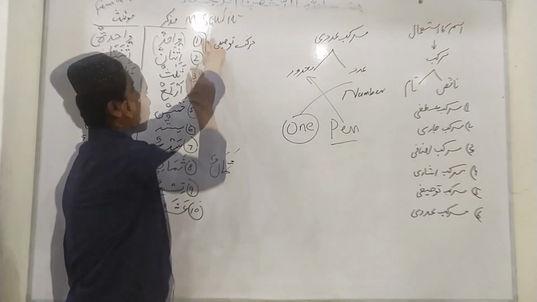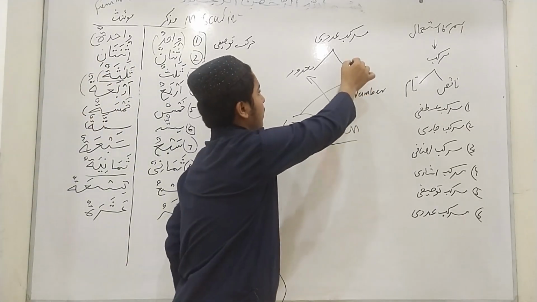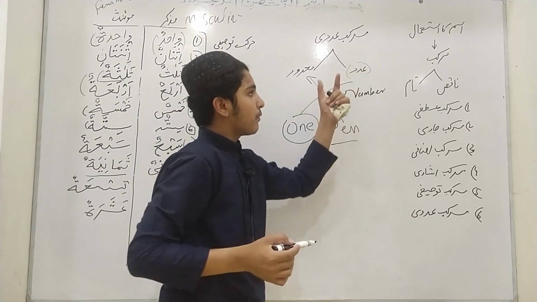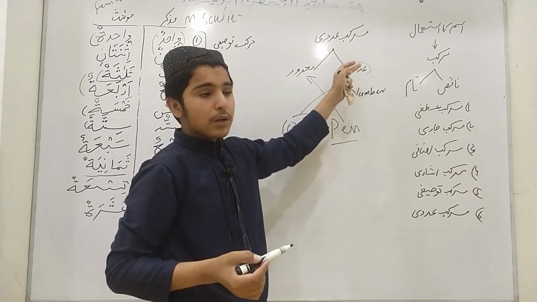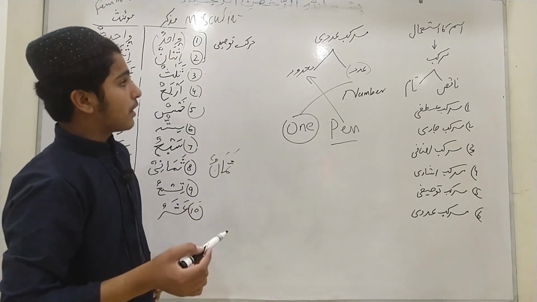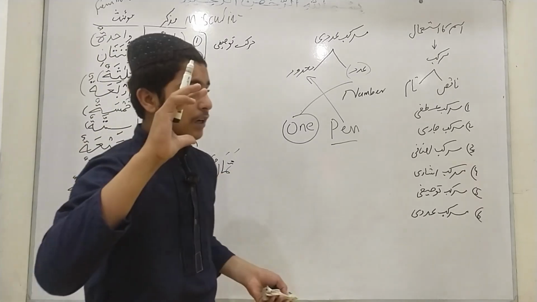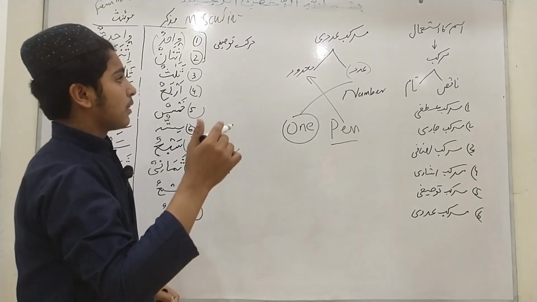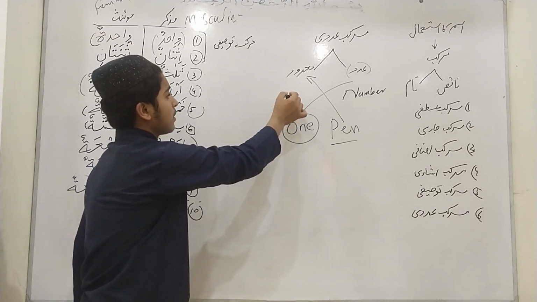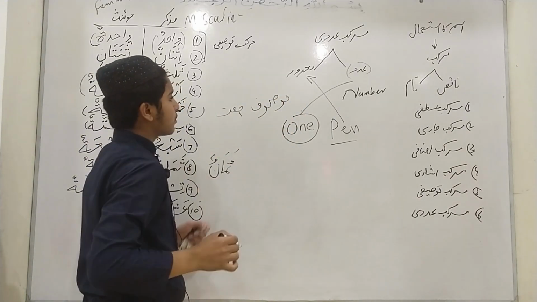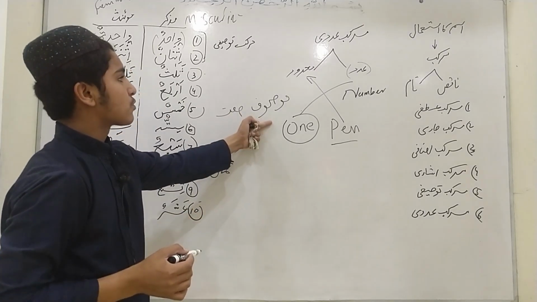Now the first two numbers, the Murakkab Adadi part Adad, if it was 1 or 2, wahidun or isnani, then its configuration will be as the configuration of Murakkab Tawsifi. For example, in Murakkab Tawsifi, Mawsuf comes first and sift, adjective, comes after the Mawsuf.